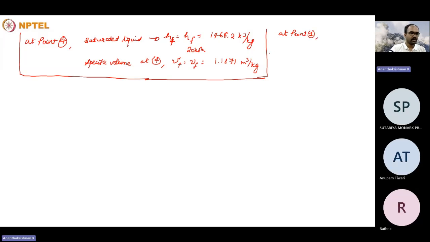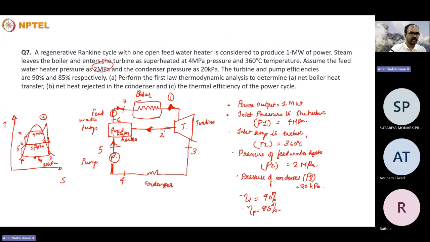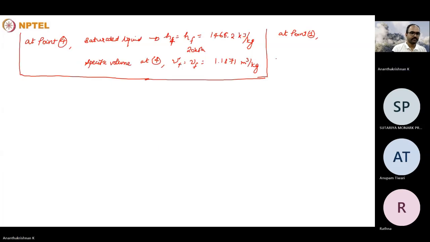At 360 degrees Celsius and 4 megapascal, the enthalpy h1 could be written as 3358.8 kilojoule per kg.